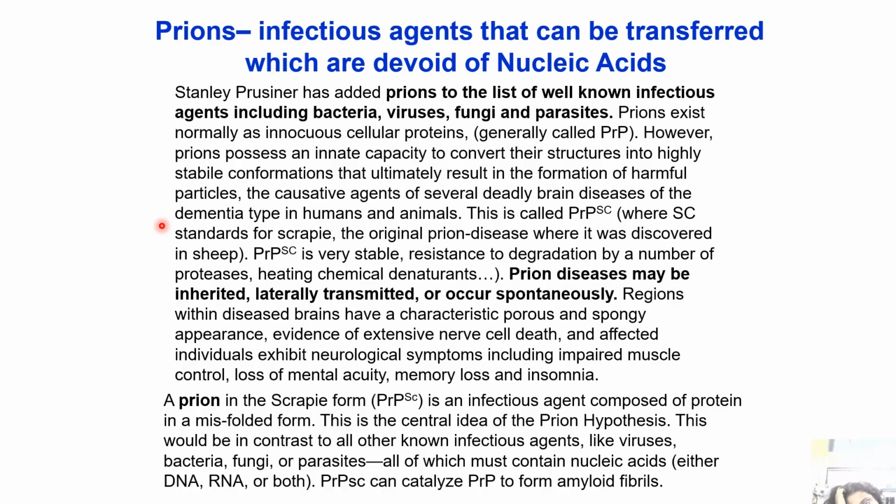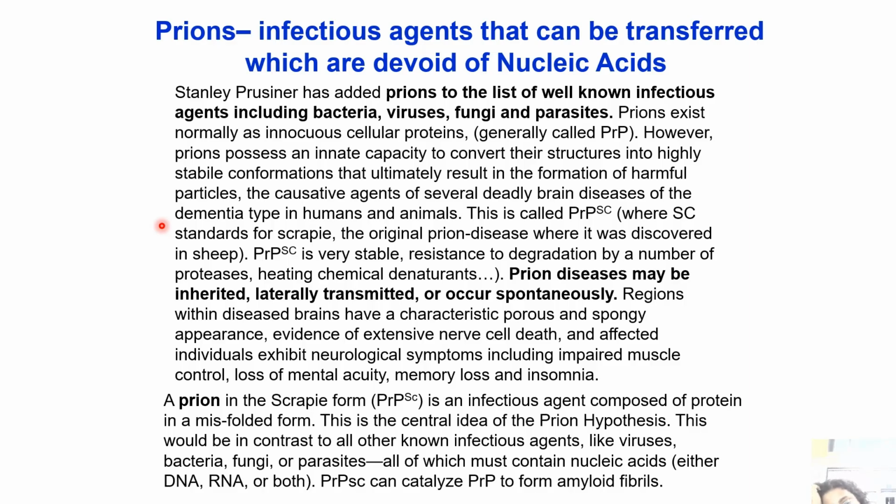This is called PrPSc, where Sc stands for scrapie, the original prion disease where it was discovered in sheep. Now, PrPSc is very stable, resistant to degradation by a number of proteases, heating, and chemical interference. Prion diseases may be inherited, laterally transmitted, or occur spontaneously.